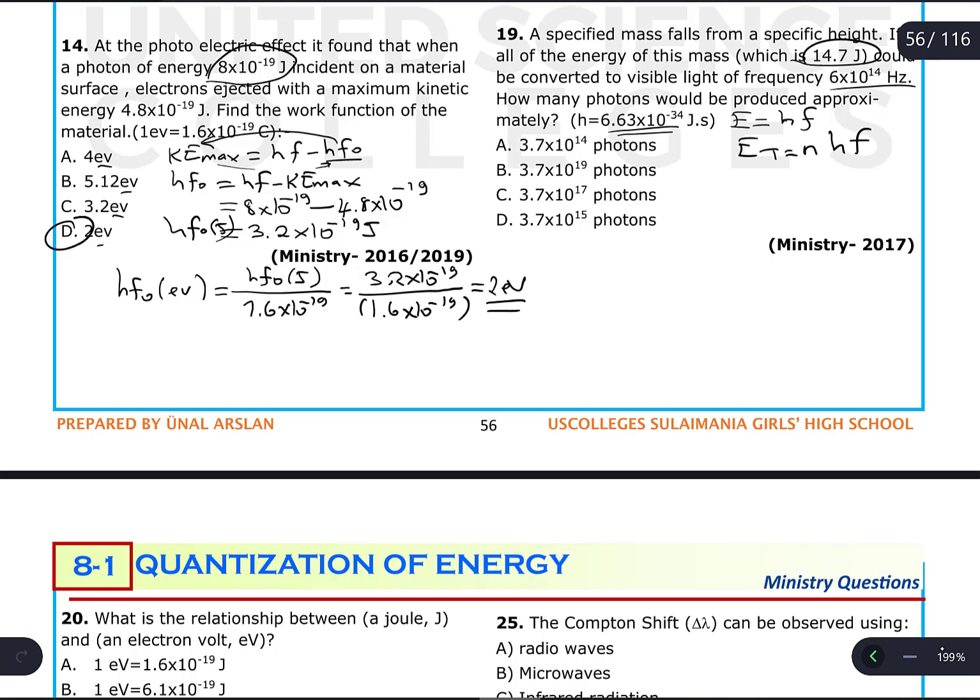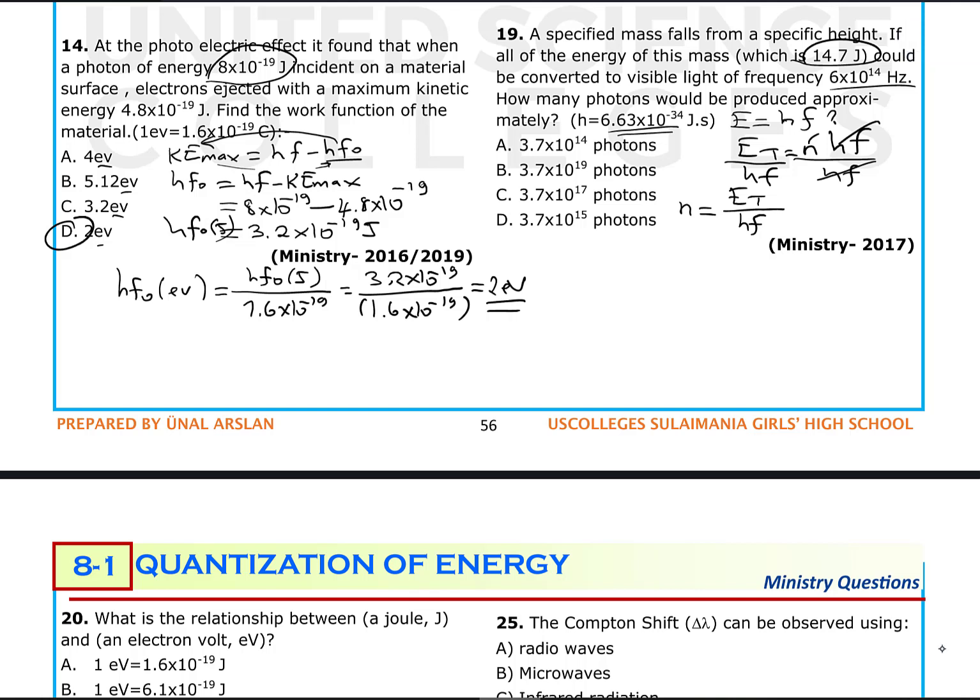So if we want to calculate n, we have to divide both sides by hf. This is the equation to calculate the number of photons when a total energy is given. So n is equal to total energy given divided by energy of a single photon.